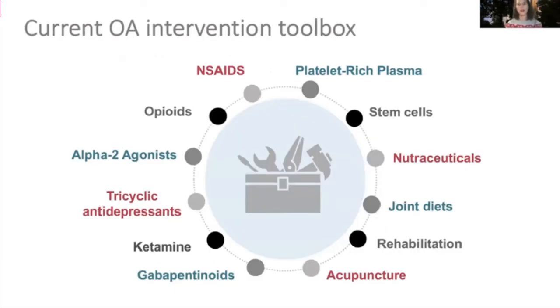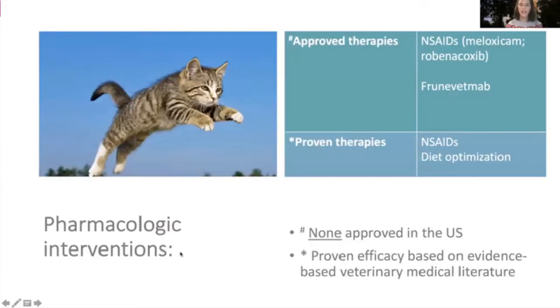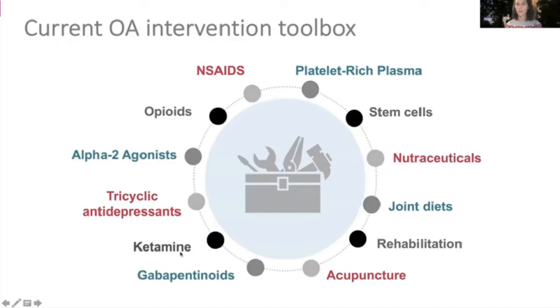When we think about what our other interventions are, right? So some of our pharmacologic interventions, obviously, kind of our mainstay is NSAIDs. We use a lot of NSAIDs for cats with OA and OA pain. A lot of nutraceuticals are used, some joint diets, and gabapentin is another one that's really commonly used.